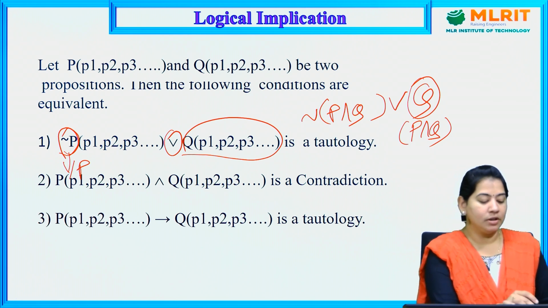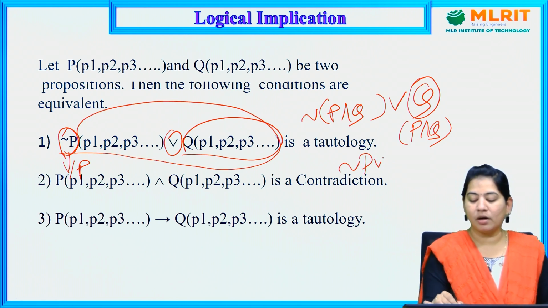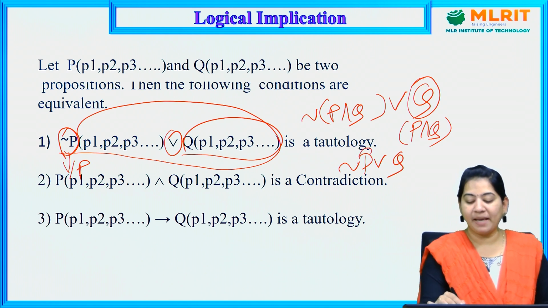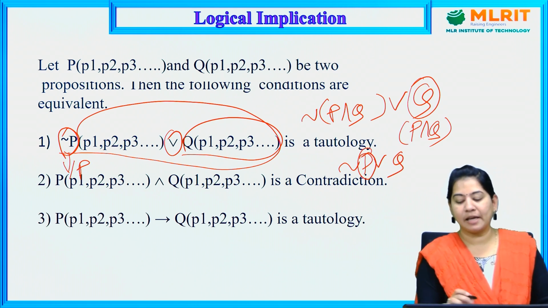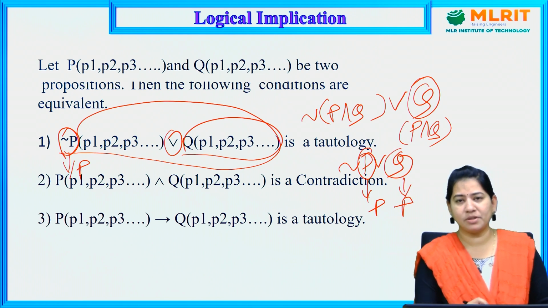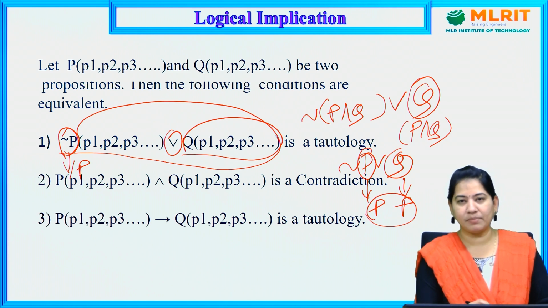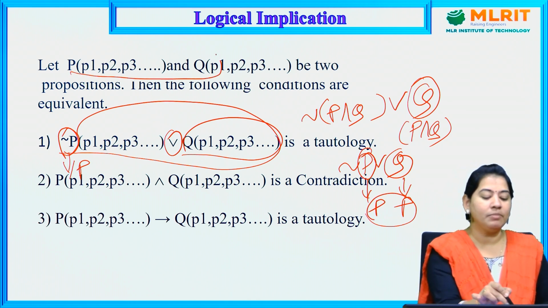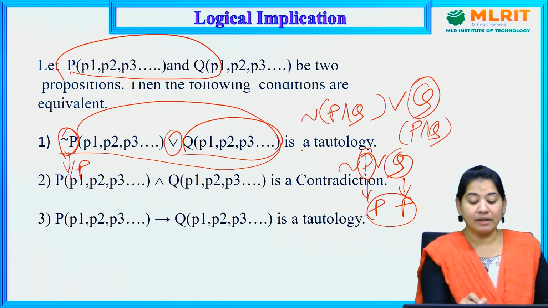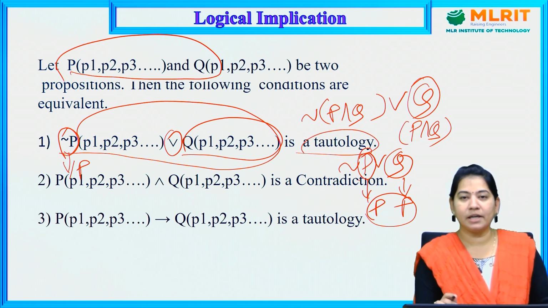On the whole you have to get it in the form of negation P or Q. This P is not a variable, you have to understand; it is called a proposition. And Q is also not a variable; it is called a proposition. In terms of these propositions, we can have any compound statements that we have discussed, and that must be a tautology. So, negation P or Q is a tautology.